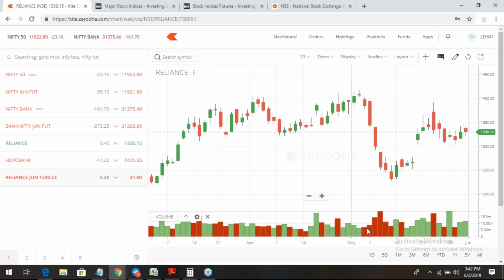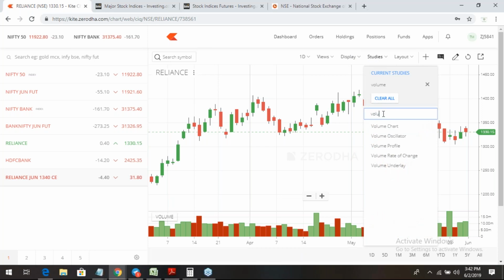Green means buying, red means selling. Volume is most important. Whenever you see a big candle like this, it means there is big buying coming into the market. From the previous 5-10 candles, if you see a big volume, it means a lot of people have bought the stock. As simple as that.